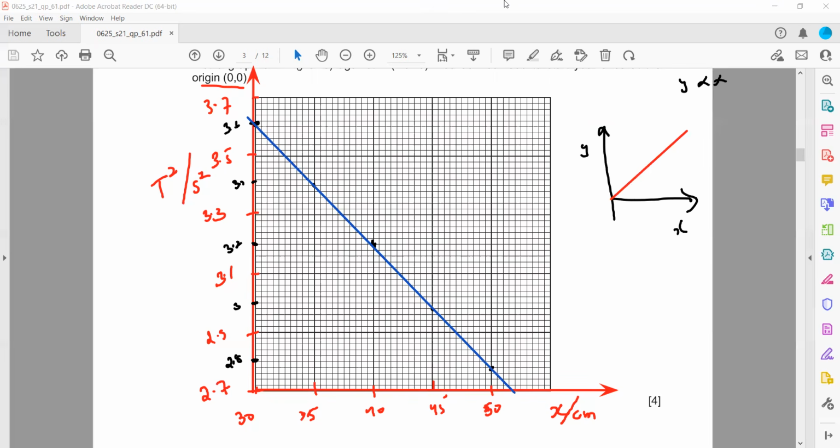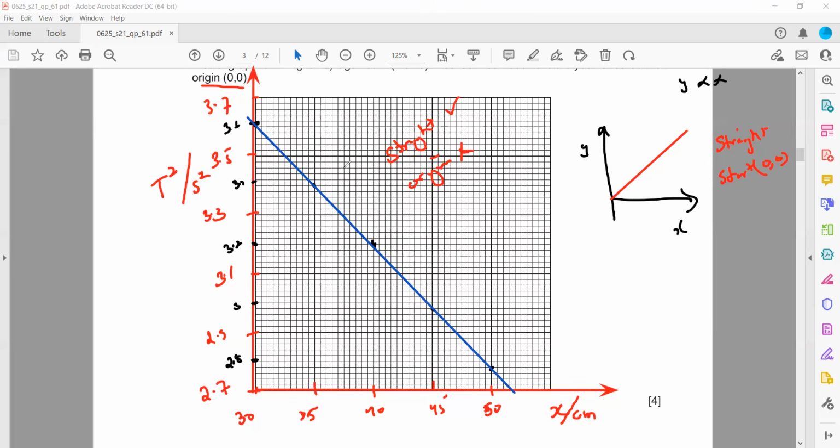So this is a straight line. There is the first condition, that the line should be straight. And the second condition for directly proportional quantities is that it should start from origin. But this is a straight line, it follows the first condition, but it is not starting from origin. So it does not follow the second condition.